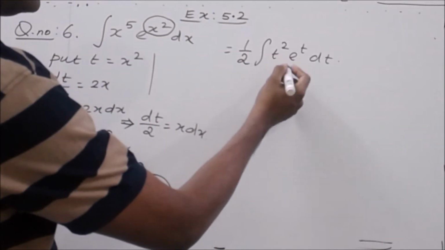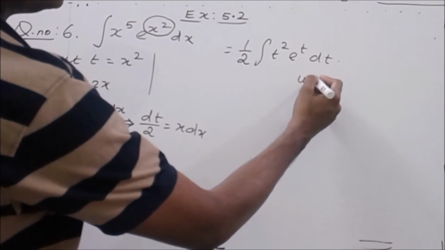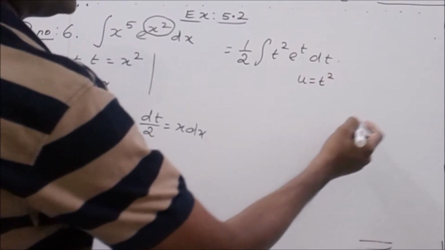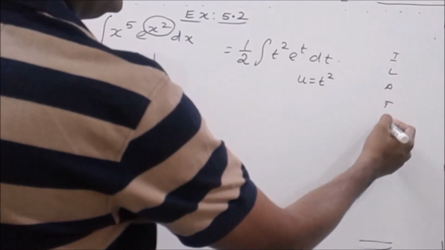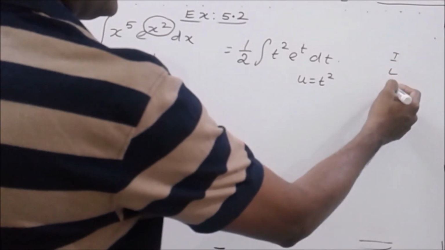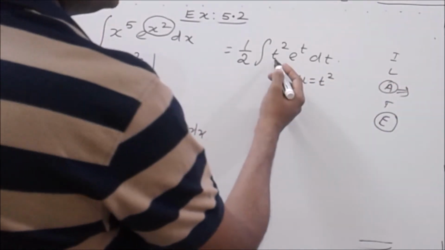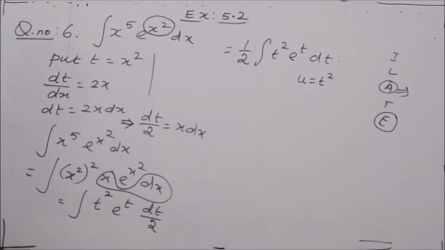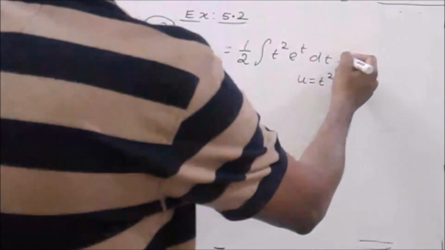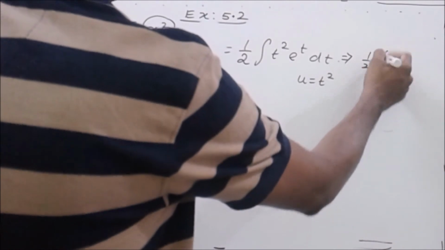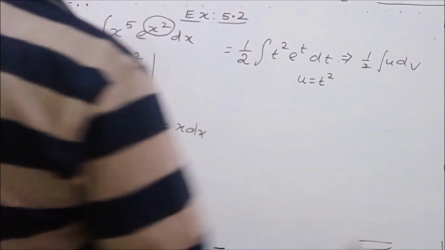So take u equal to t square, because by the order of priority ILATE, exponential is last, algebraic is in the middle, so the algebraic function is taken as u, and the remaining is dv. So this is 1 by 2 integral u dv.